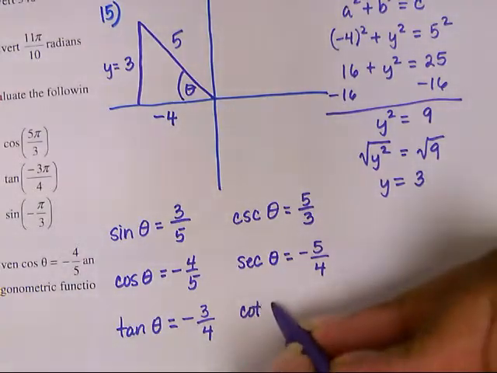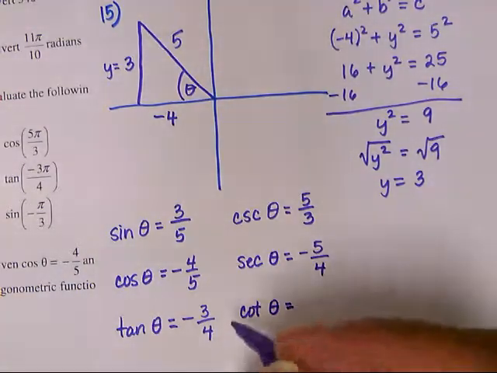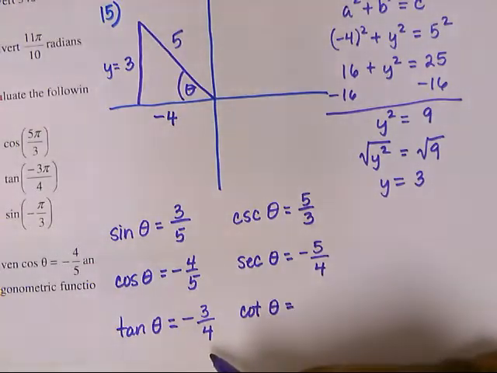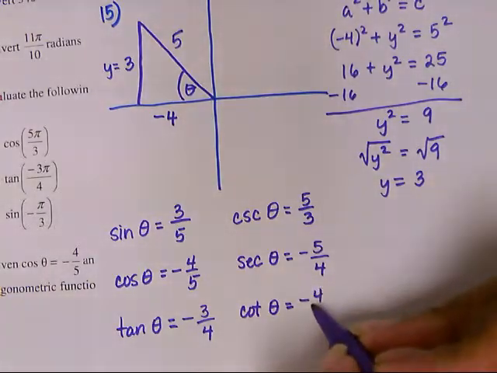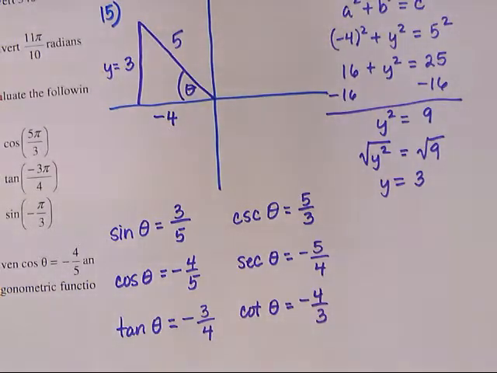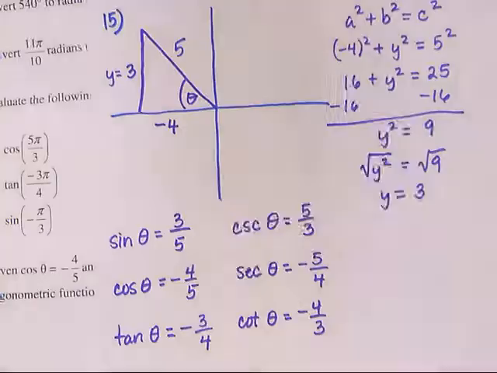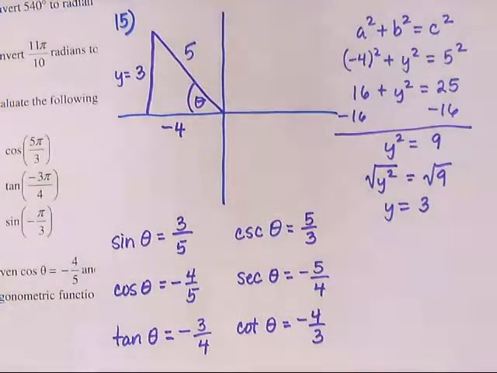And the cotangent of theta is the reciprocal of the tangent. So if tangent theta is negative 3/4, then cotangent theta would be negative 4/3. Okay, so these are the values of all the 6 trigonometric functions for that particular problem. And that's problem 15.